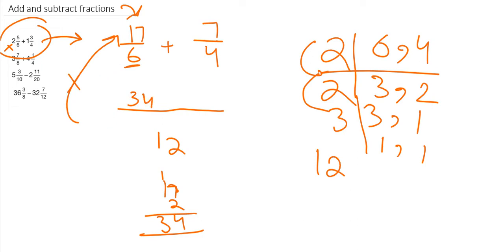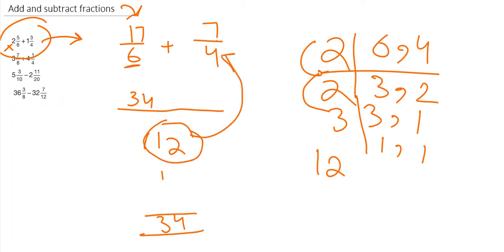So we have to do the same procedure with the next fraction as well. We have to divide the LCM by the denominator, and the answer we got, we have to multiply it with the numerator value 7.